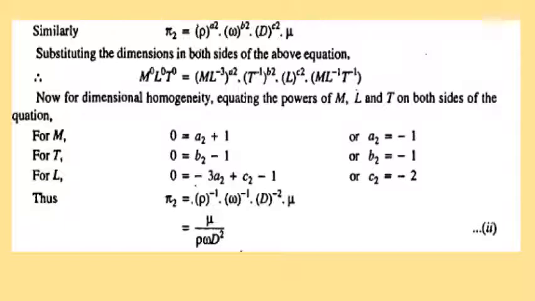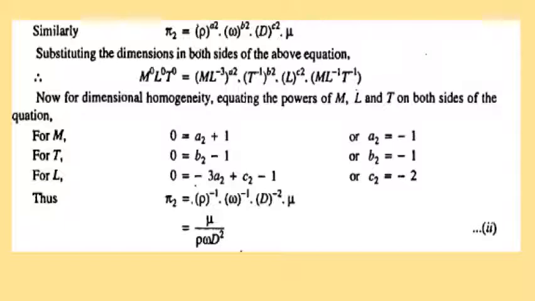After finding the values of A2, B2 and C2, substitute these values in the phi 2 expression. After getting the A2 value equal to minus 1, B2 value equal to minus 1, C2 value equal to minus 2: rho power A2, that is minus 1, omega power B2, that is minus 1, and diameter power C2, that is minus 2, into mu.